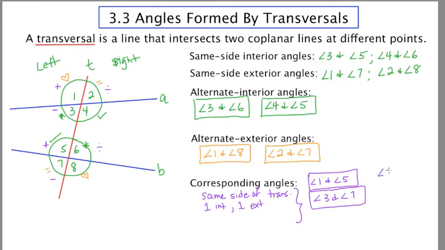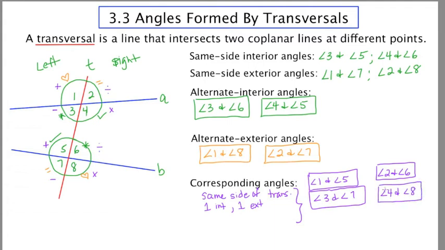So we know that angle 2 and angle 6 are also corresponding because they're both upper right. There's one other pairing. Can you guess what it is? I'm going to give you a couple of seconds. I'm fairly certain you all got that right. I'll put an X here. Angle 4 and angle 8. They're both lower right. So angle 4 and angle 8.